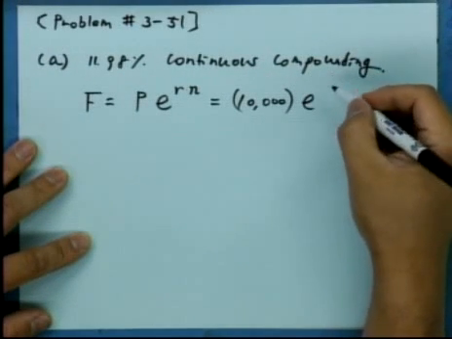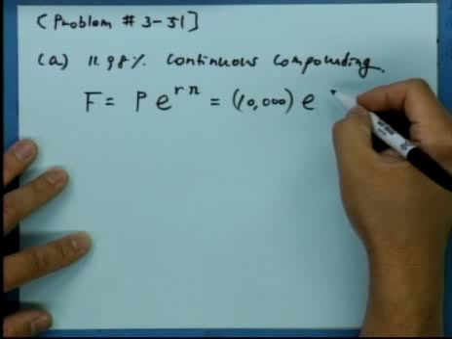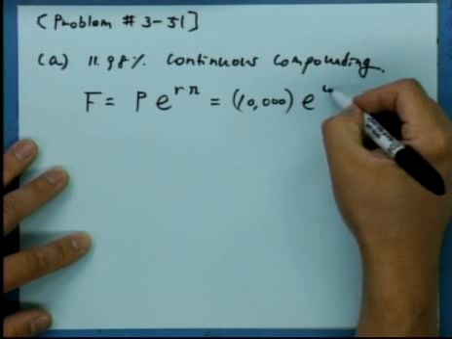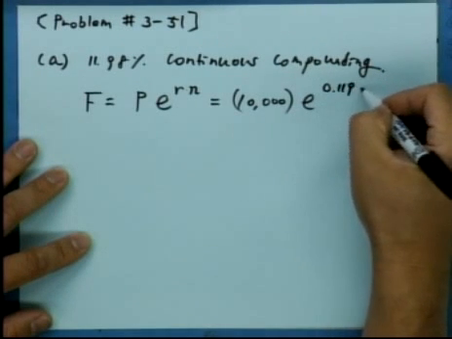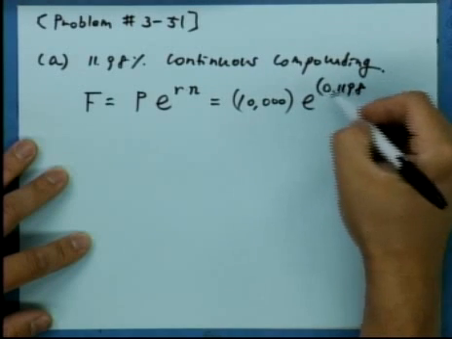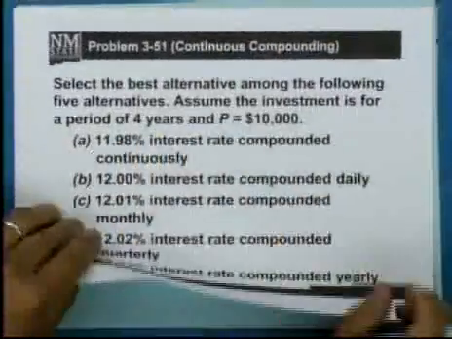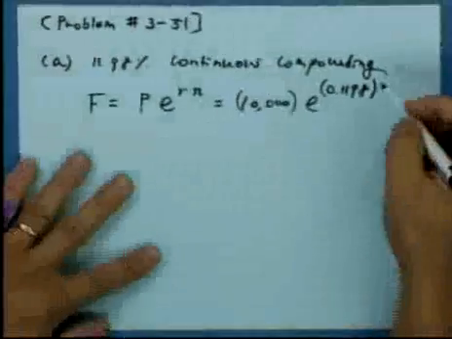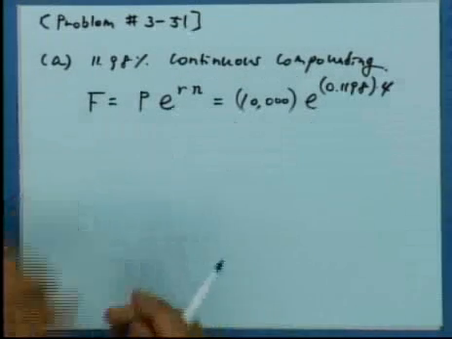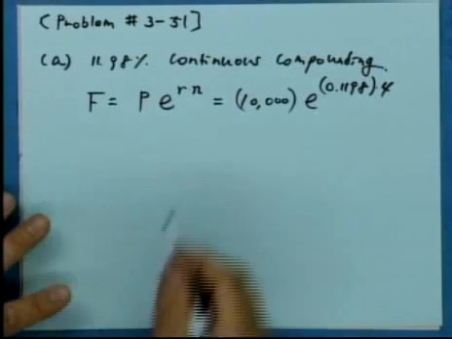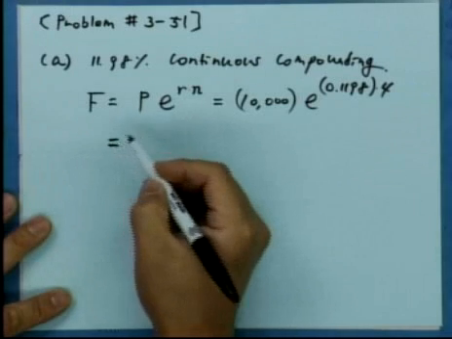And R is given as 11.98%, so it's going to be 0.1198 times N. N is also given as 4 years, right? So times 4. How much is this?